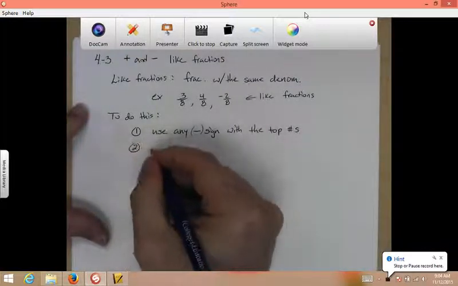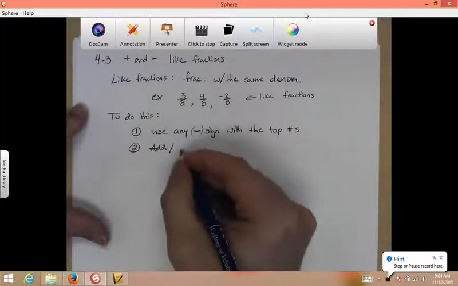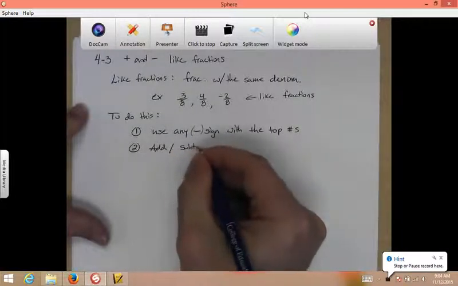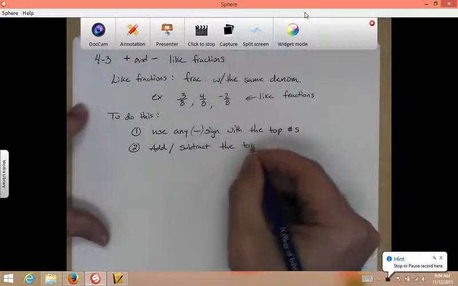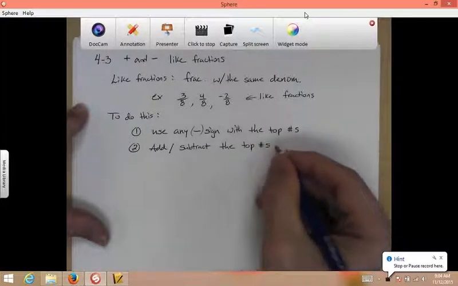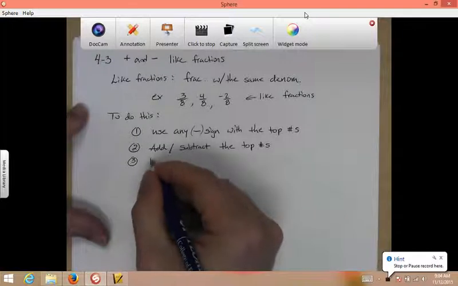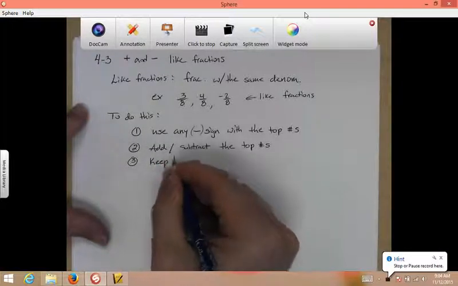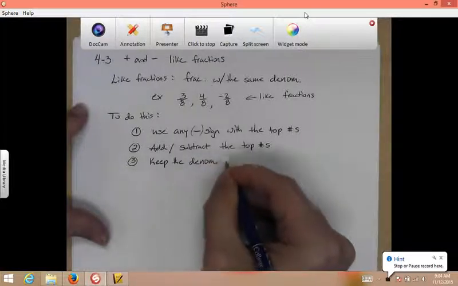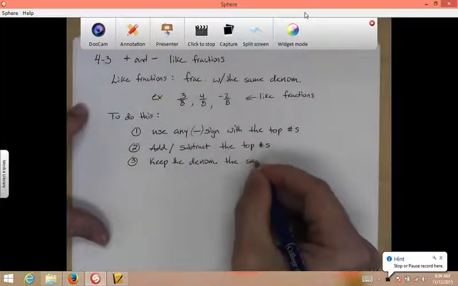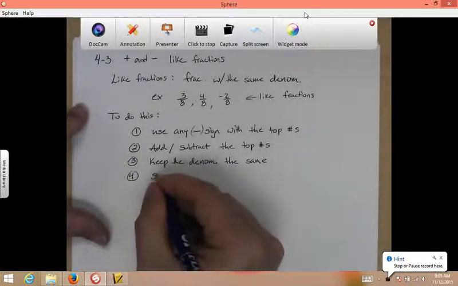Two, you are going to add or subtract the top numbers. 3, the denominator, you're just going to keep that the same. And step 4, simplify.